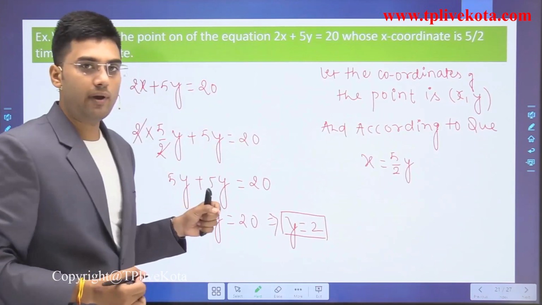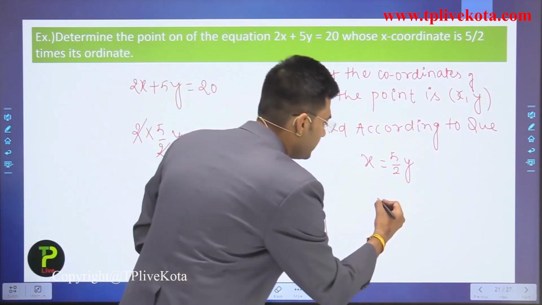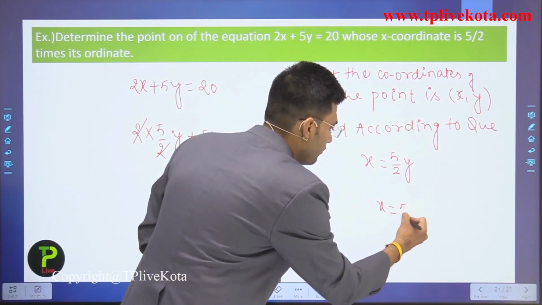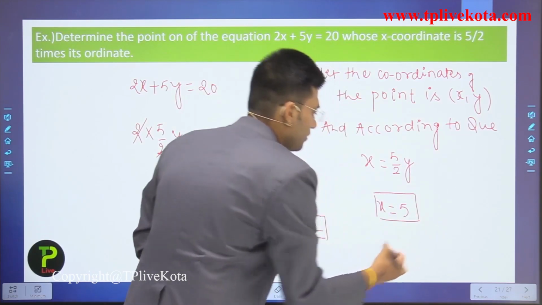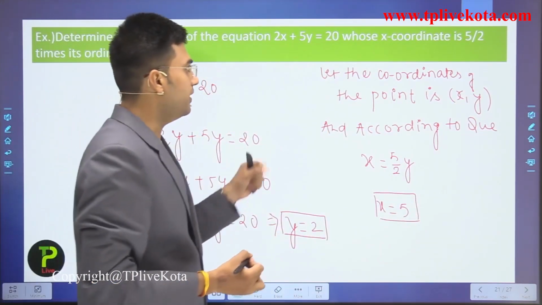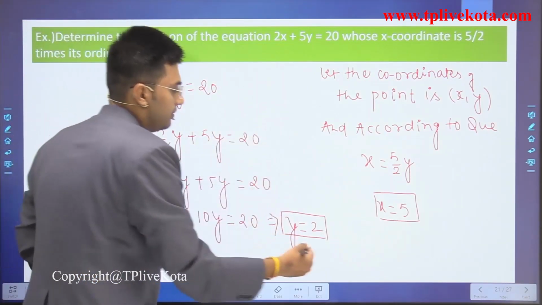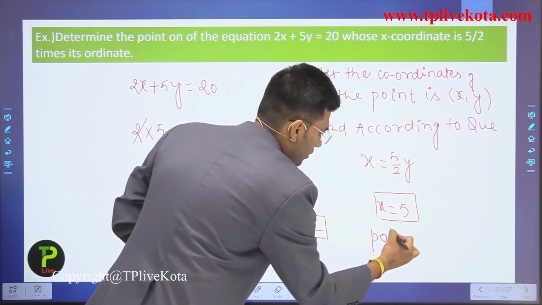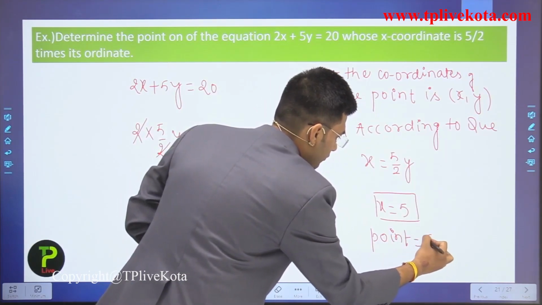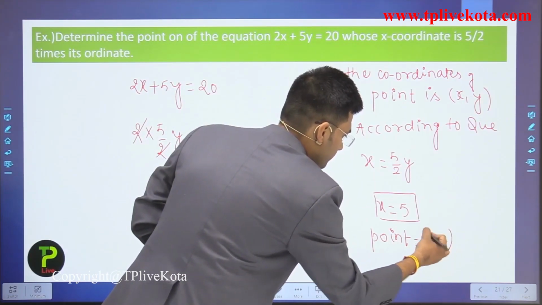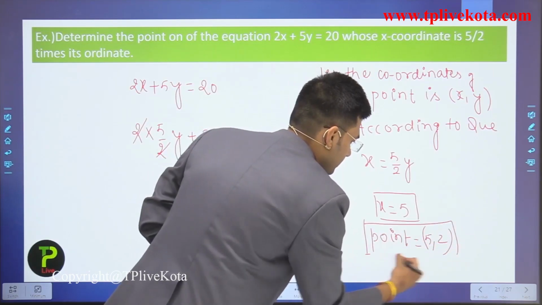Now if y is equal to 2, then x is equal to 5. Okay, so we have to find the coordinate of that point. So the coordinate of that point is 5 comma 2. This is our final answer.